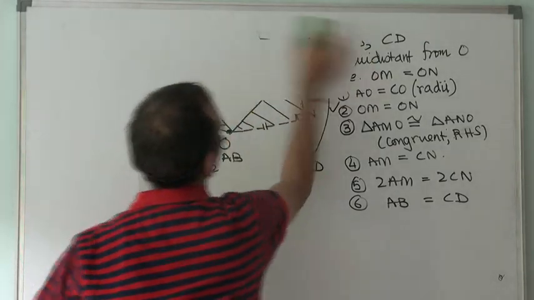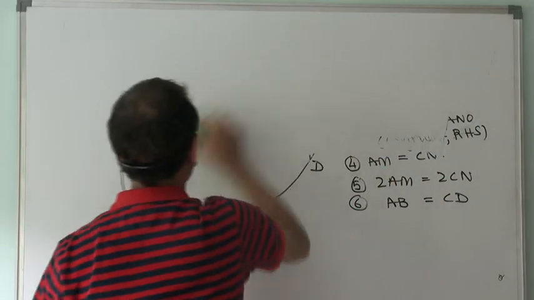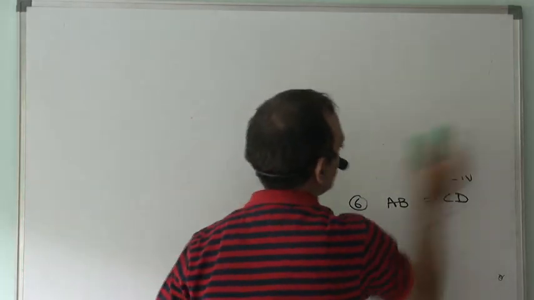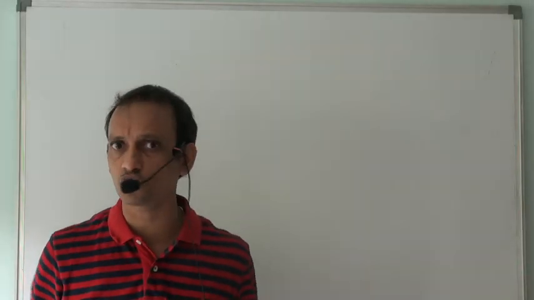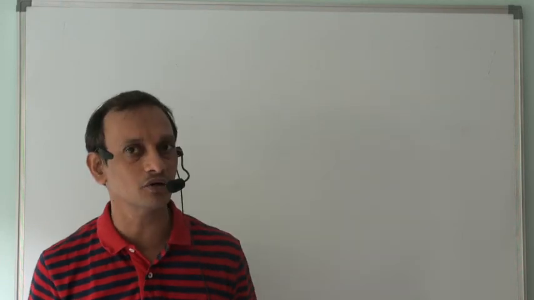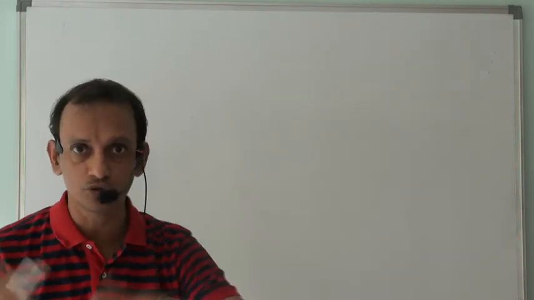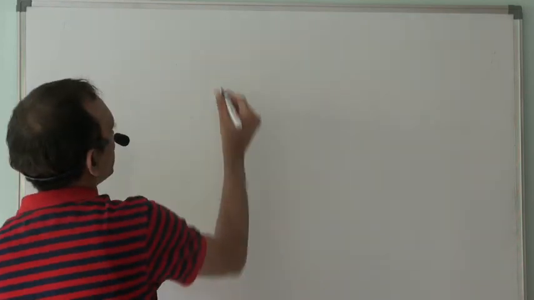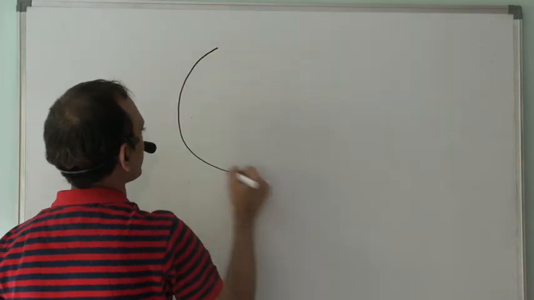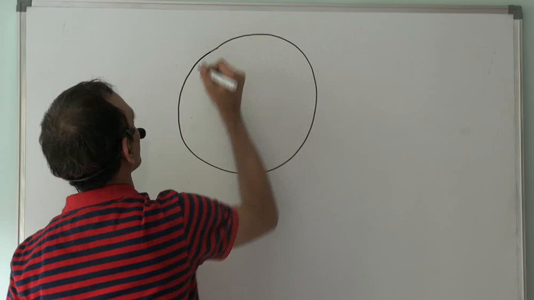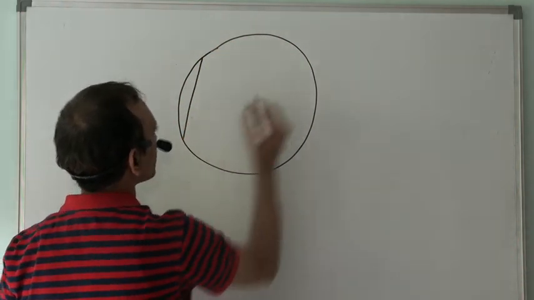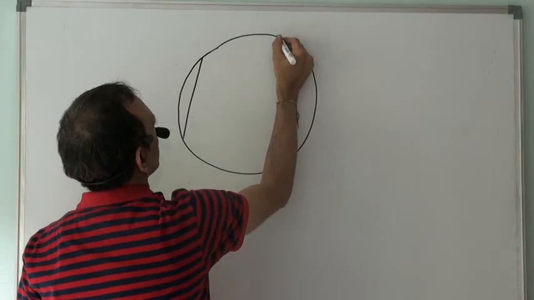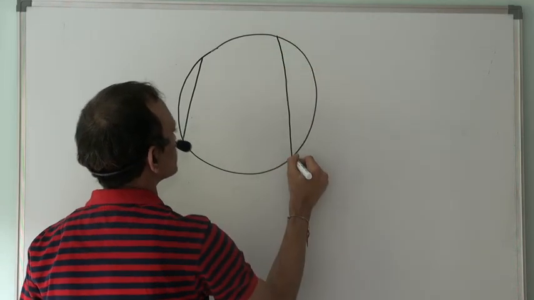Now, what if the two chords are unequal? Which is closer to the center is a result you might want to examine. Say I have a chord like this, and another chord like this.